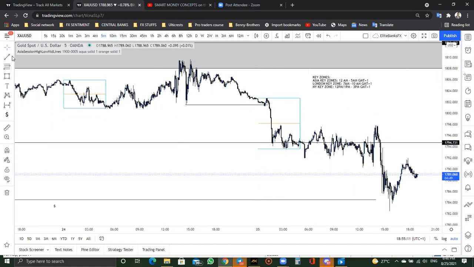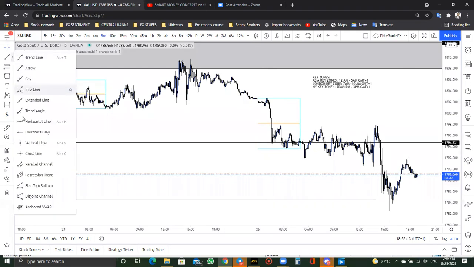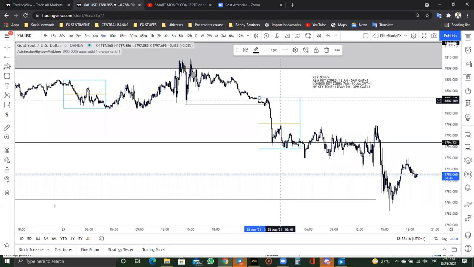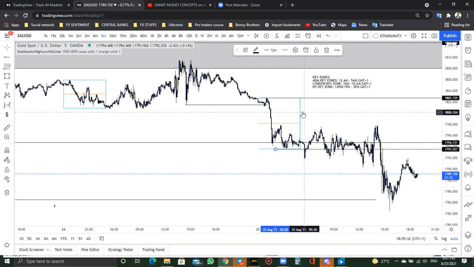When I started learning more about liquidity, I would mark these two points out. If I've not seen this Asia low liquidity taken yet, maybe price was just here when I wake up.